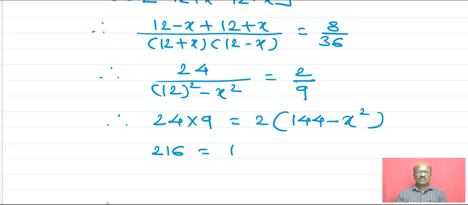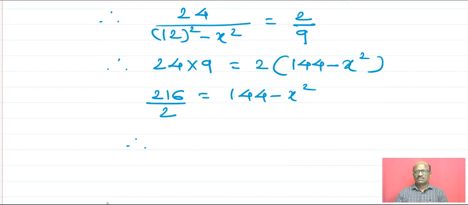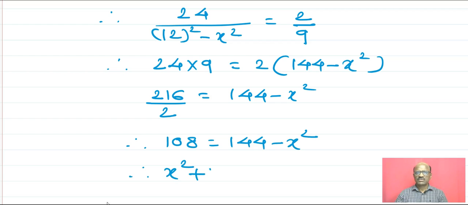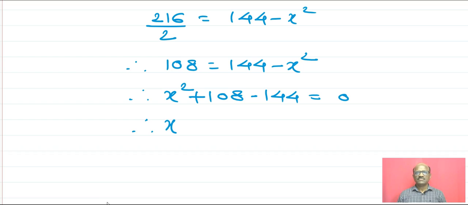Therefore, 216 is equal to 2 times (144 minus x square), that is 108 is equal to 144 minus x square. Therefore, x square plus 108 minus 144 equals 0. Therefore, x square minus 36 equals 0.